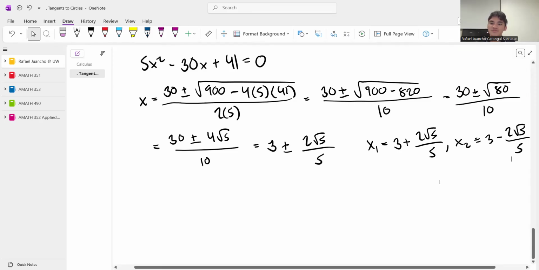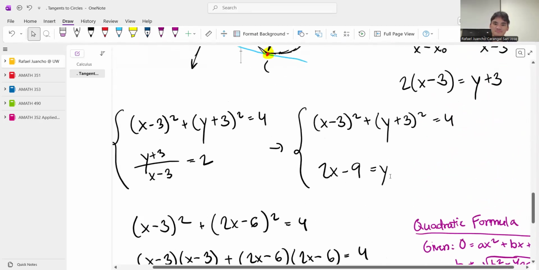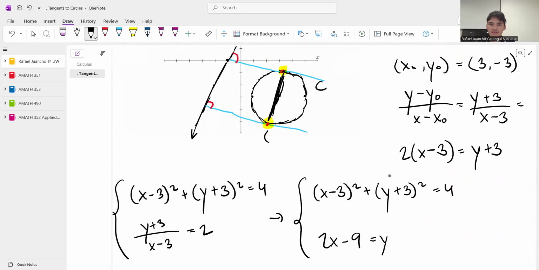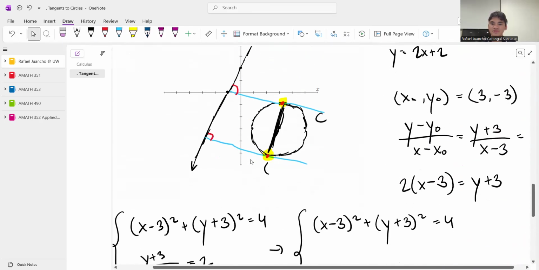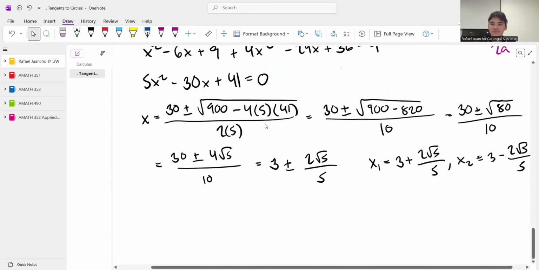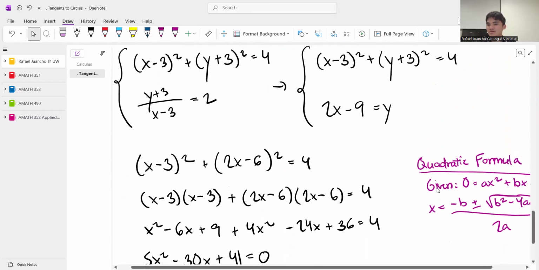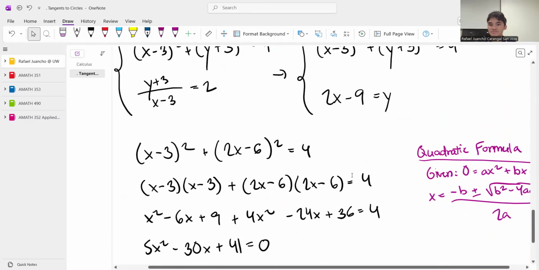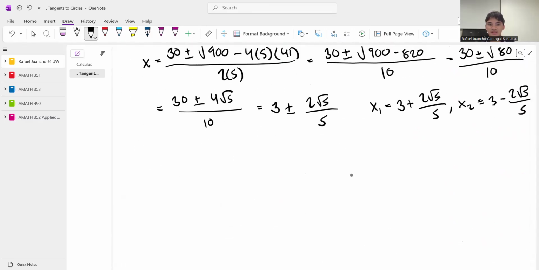Okay. So now we need to find y1 and y2. So that's this and the other one. We need to find the y coordinates. How do we find the y coordinates? Easy. We just plug it in here. So again, a little bit more algebra, but we want to plug it in there.